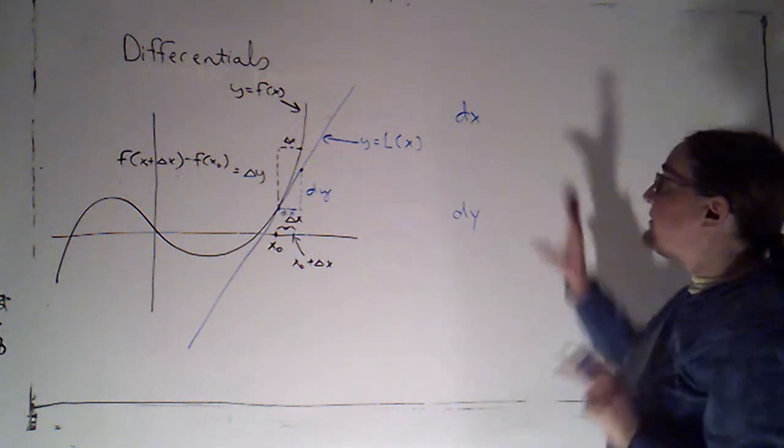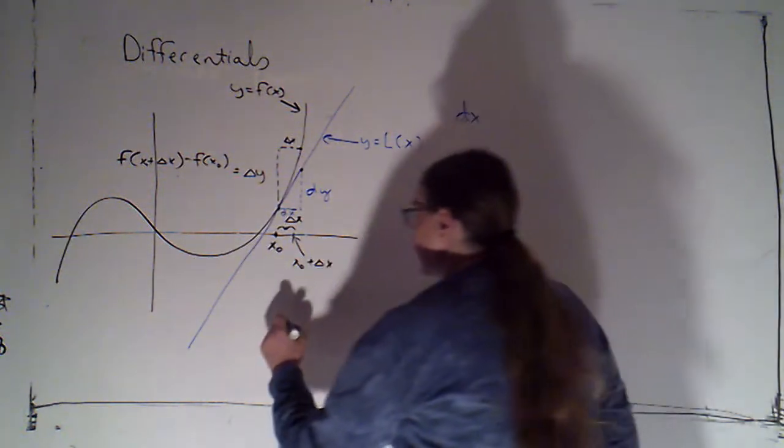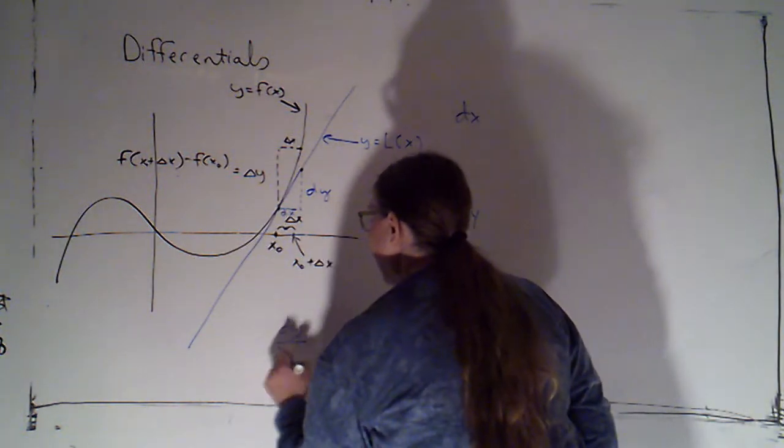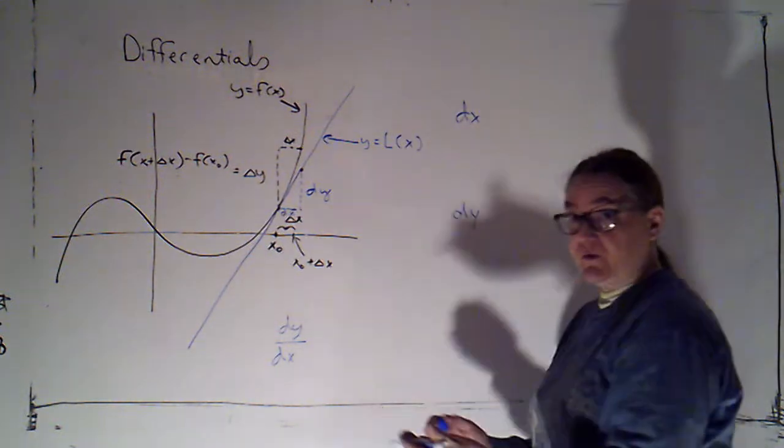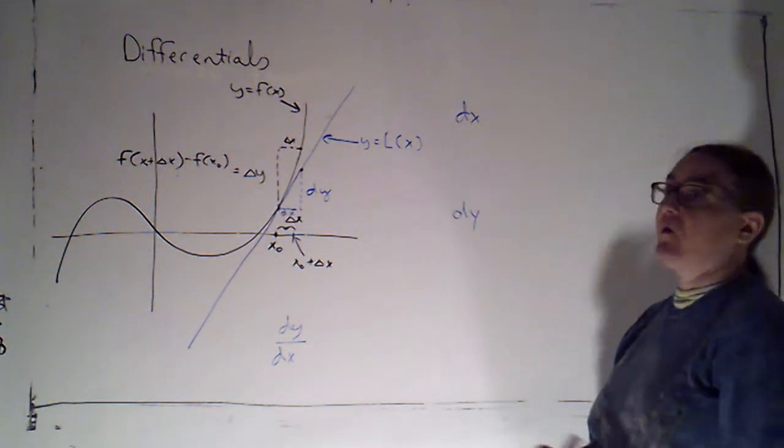So we've seen them before in the context of the ratio dy by dx, which is just the derivative. Now we're going to talk about what they mean in their own right.